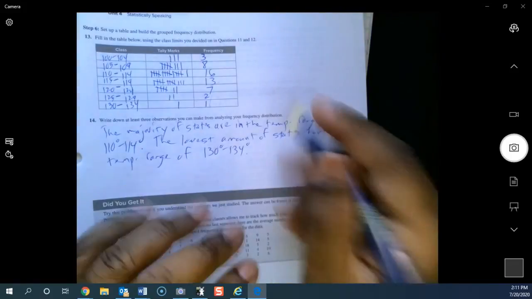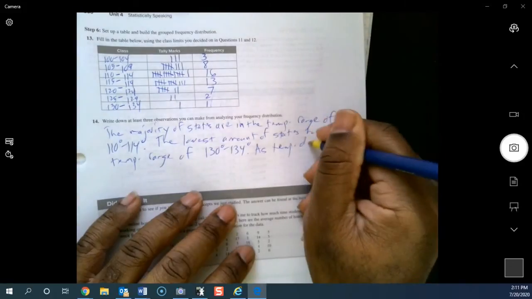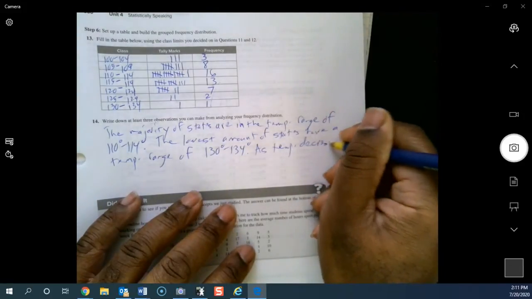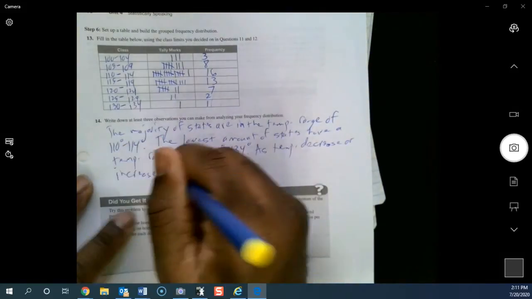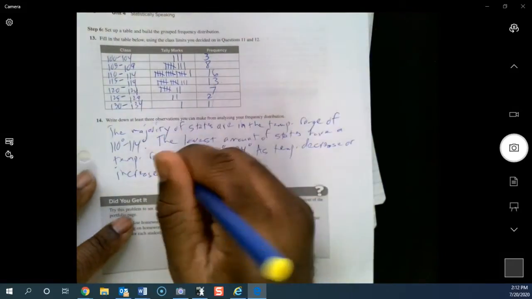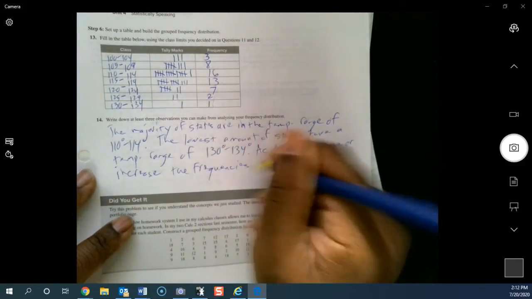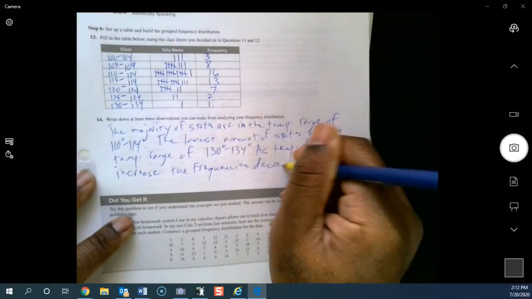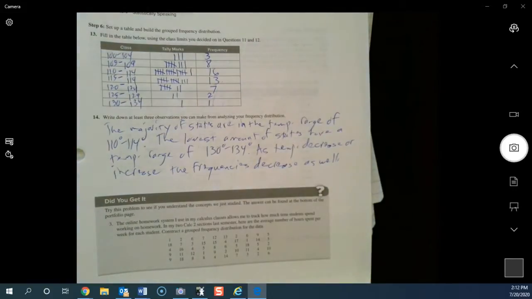So basically, as temperature decreases or increases, the frequencies decrease as well. Now, of course, there are other things that you can see here as well, but as long as it's consistent with the data, it's fine. All right.